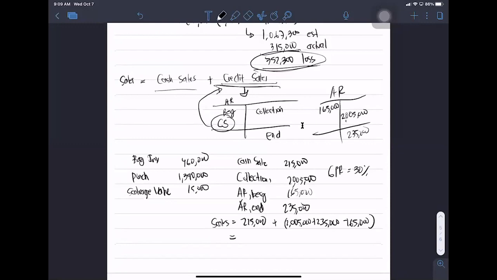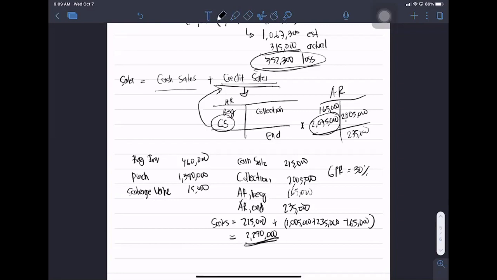Okay, so how much is our amount of sales? So 2,005,000 plus 235,000 less 165,000, our credit sales is 2,075,000. So after computing our credit sales, we add it to your cash sales of 215,000. So we have 2075 plus 215, we have 2,290,000.